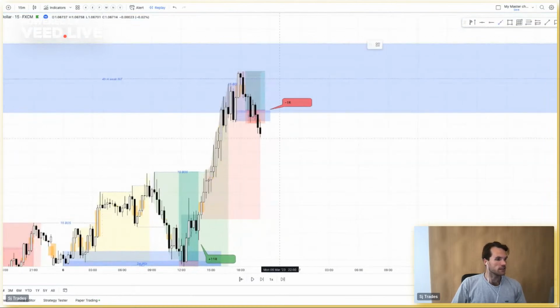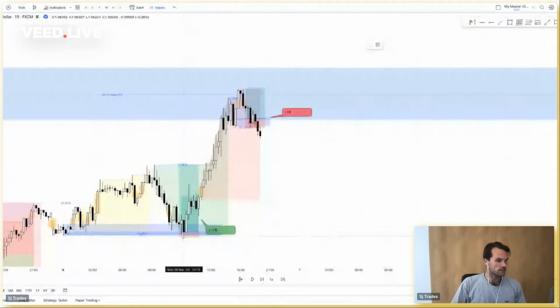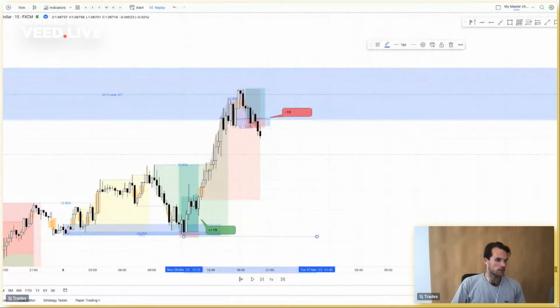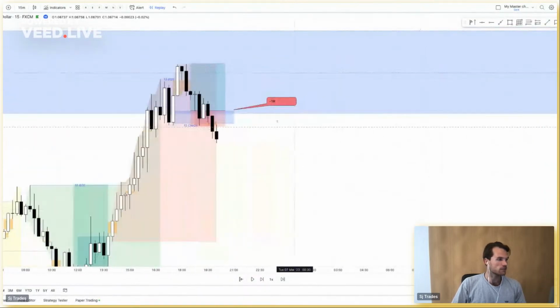But let's look what's next. We've got a nice 15-minute shock. I'd say this is still our 15-minute low, but we have now chopped down. Put it on the other side.